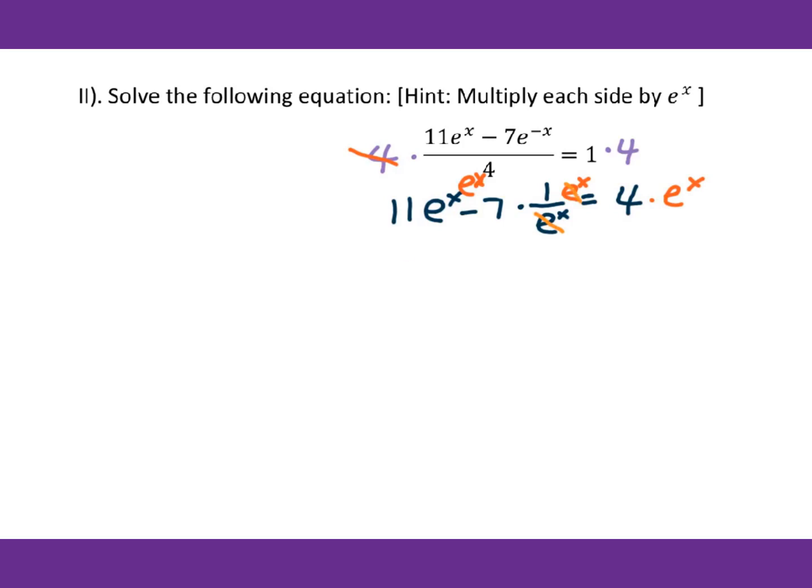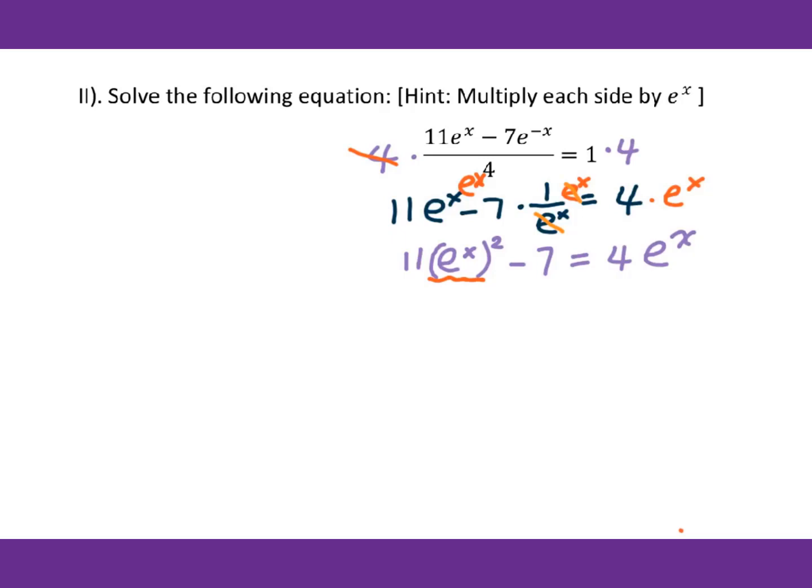You will get 11 e to the x power squared minus 7 equals 4 times e to the x power. We could say this equation is a quadratic pattern because we have e to the x power squared.